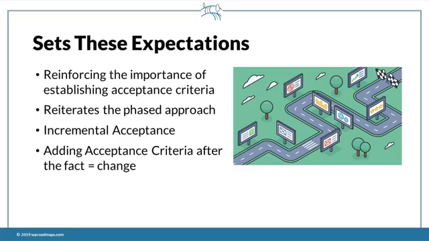But you'll have them approve different sections, different deliverables, I should say, that then become sections of your statement of work. And then it also lets them know that adding acceptance criteria after the fact, after you've agreed upon all that, is going to invoke the change request process.